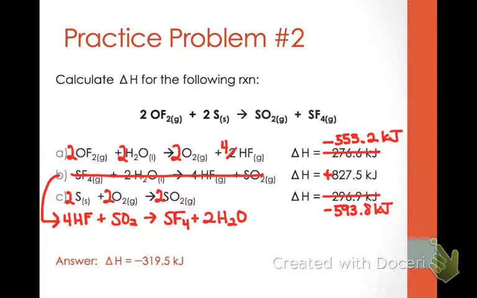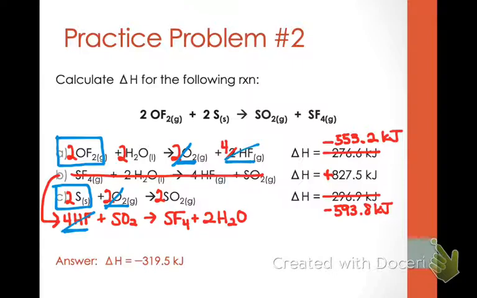All right. So let's see what we have here and what we can get rid of. I'm not going to rewrite the overall reaction. I'm just going to start canceling what I need to and keep what I don't. I have 2OF. I need to keep that. The 2S, that's going to stay. Now, I have 2O2 as a reactant here and 2O2 as a product here, so I can cancel those out. Here I have 4HF on a product and 4HF as a reactant, so let's get rid of those.